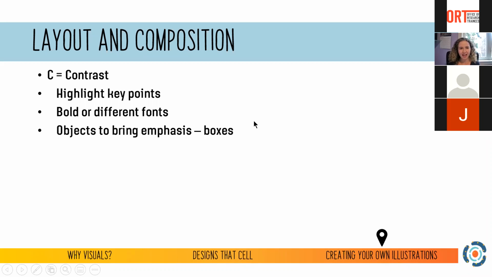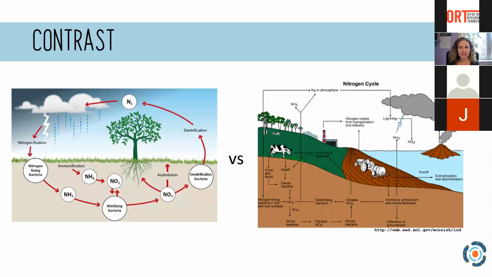Thank you. And for an example of contrast, here are our two illustrations of the nitrogen cycle. Again, both of these showing the same information, but immediately you can tell that the illustration on the left is a lot more effective because they've put those key components of the nitrogen cycle, they've outlined them in the white boxes, and they've also used red arrows to really highlight how the cycle works.